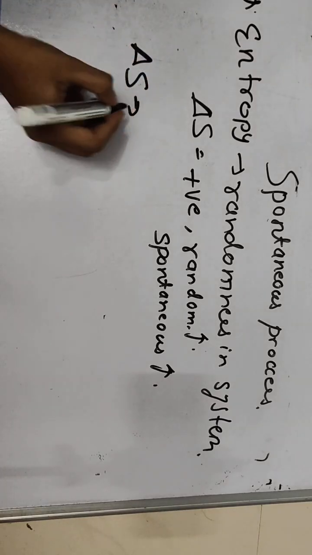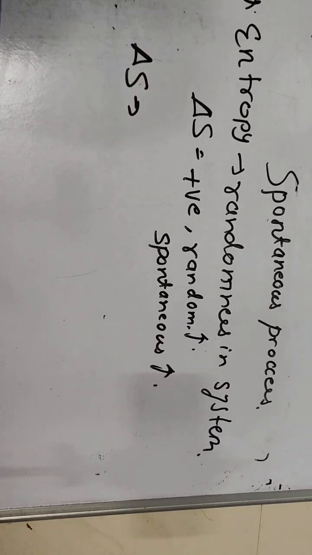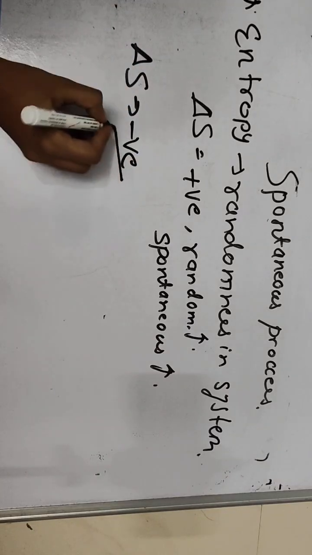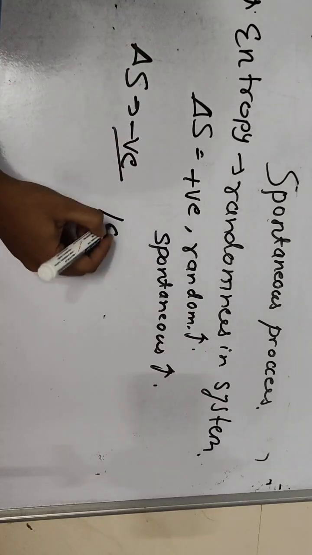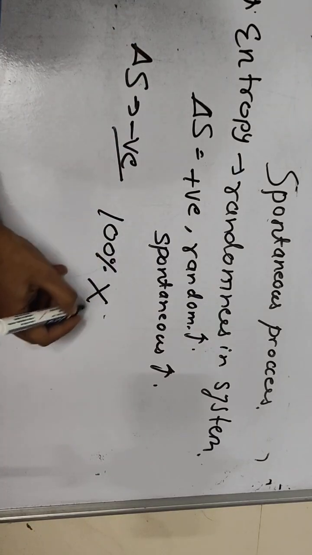But there are certain reactions where the entropy is decreasing, which is negative, means the randomness is decreasing, but that reaction is spontaneous also. So this theory is also not 100% true.